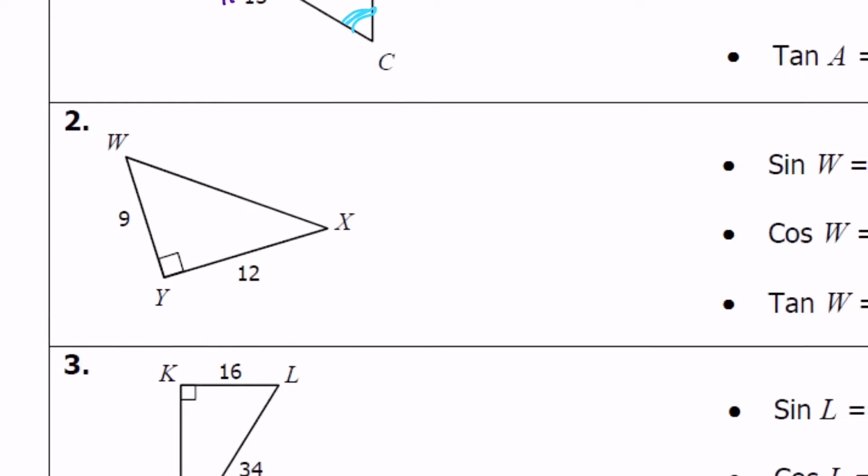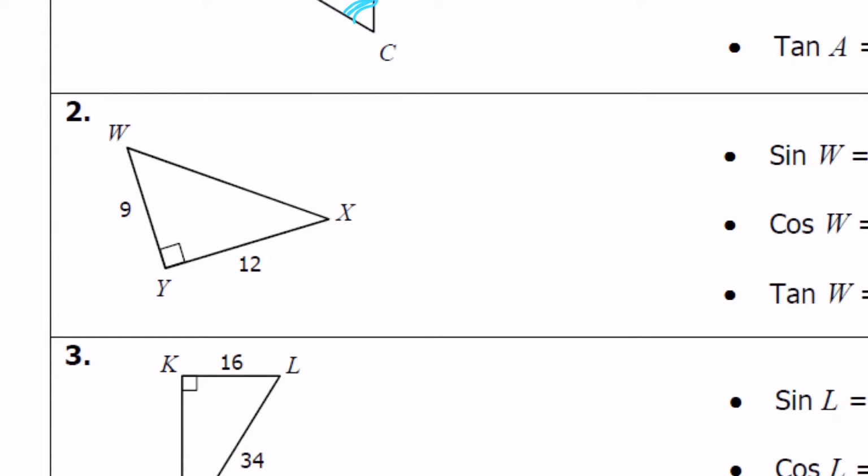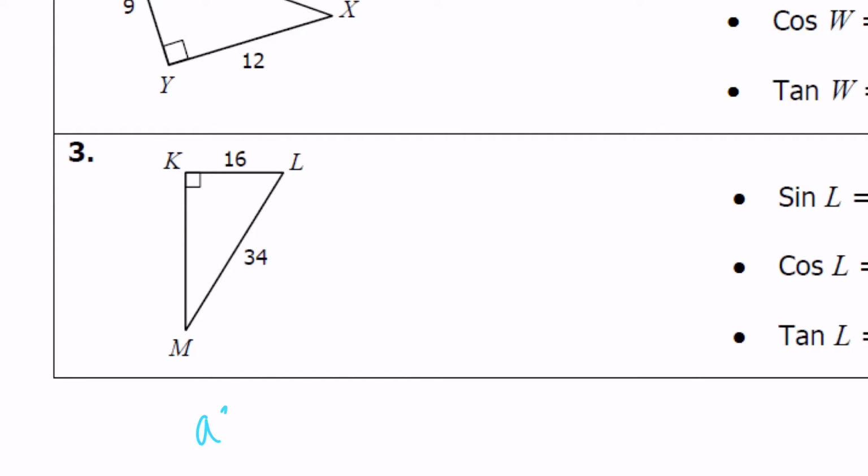I'm going to have you guys do 2 and 3. Notice how in 2 and 3, I'm not given all 3 sides, but I am given 2. Remember, we can use that cool thing we know called the Pythagorean theorem to find that third side. The Pythagorean theorem, remember, is a squared plus b squared equals c squared.